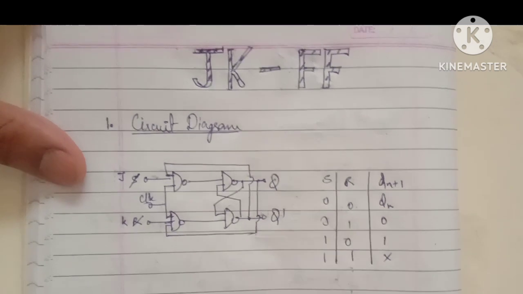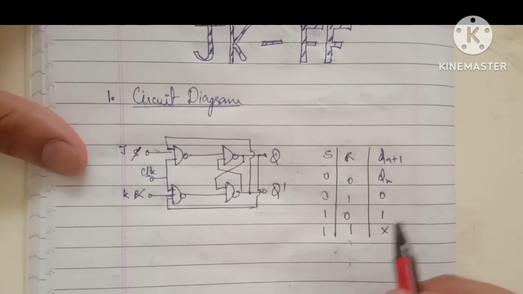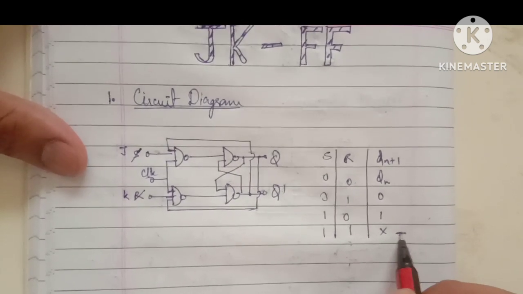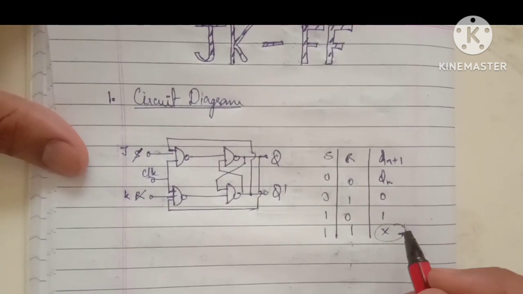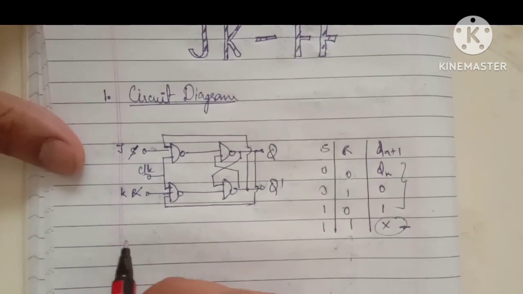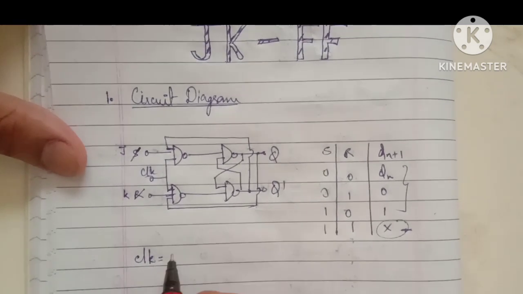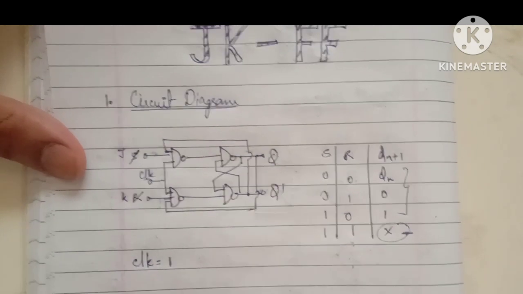Now we will get the JK flip-flop truth table. Basically this is the invalid state. Here you will get something different in the JK flip-flop. The rest 3 will remain the same. Suppose clock equal to 1, which means the clock is provided.